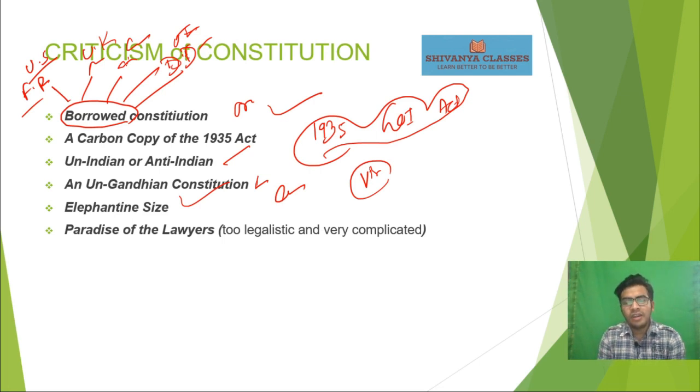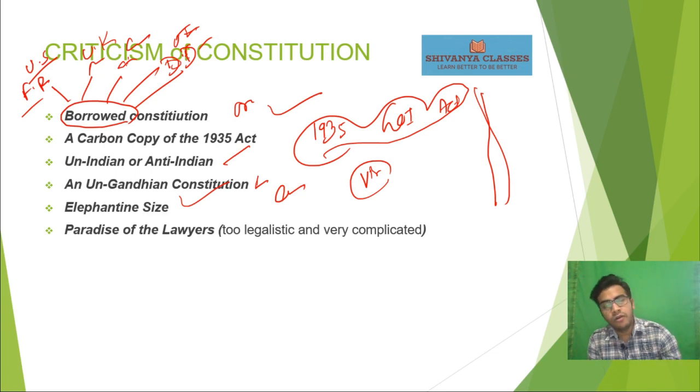Lawyers love complicated things. So a layman cannot understand the constitution. If you argue that a layman, meaning common people, cannot read the constitution and understand it, a lawyer is needed to simplify it. It is too legalistic. So these are the criticisms of the Indian constitution.